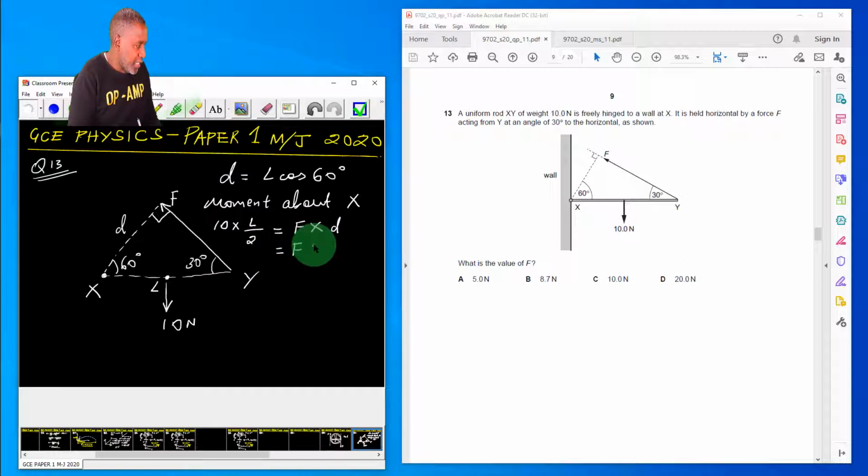But D happens to be L cos 60. Like that. And when you look at this expression, we observe that this L and this L will cancel out. This and this will give me 5. And F happens to be 5 divided by cos 60.